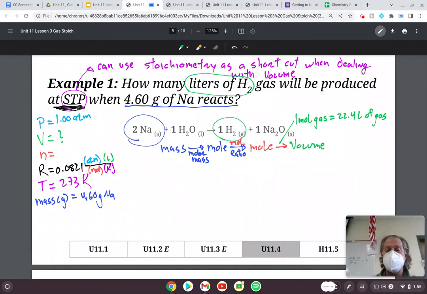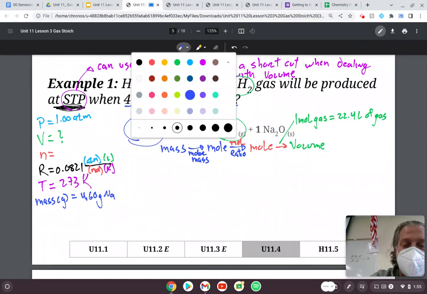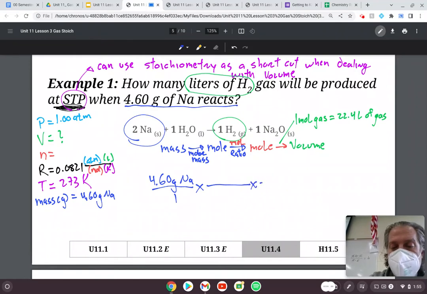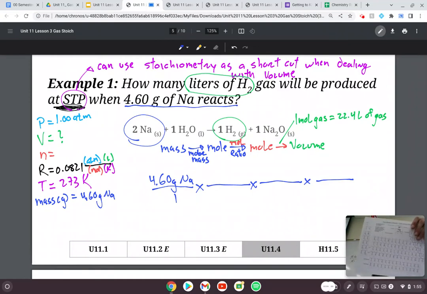So because it's a stoichiometry problem, I'm going to take the 4.6 grams of sodium and put it over 1, just like we've done in the past, and go mass to mole, mole to mole, mole to volume. When we go mass to mole, we need to use the molar mass, which is the value of whatever it is on the periodic table, or the sum of those things.